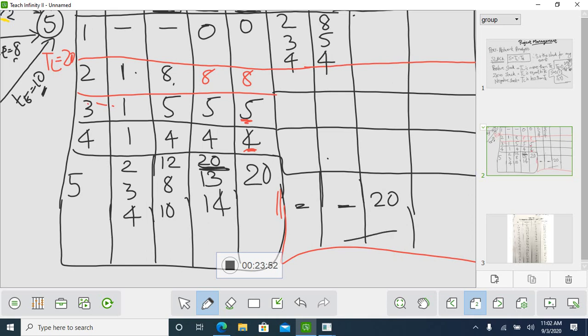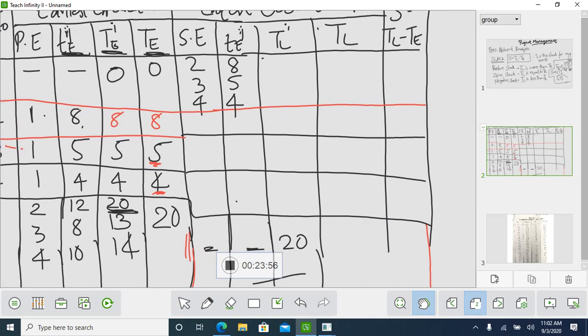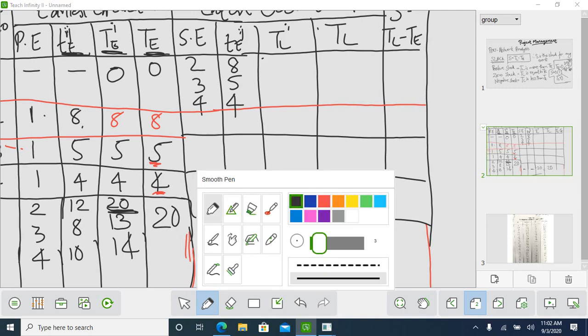Next, we are writing 20. So next, if you take 4, what is your successor event? So for 4, what successor event is there after it? That is only you have to take.